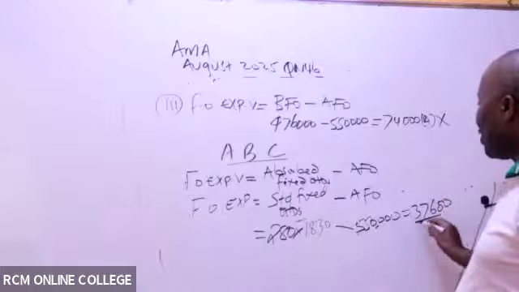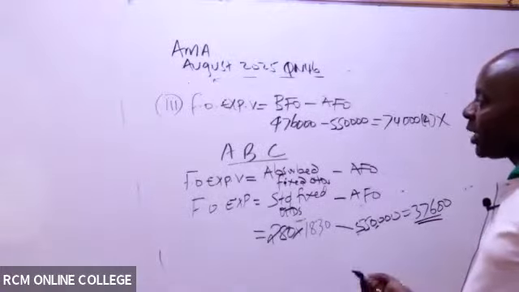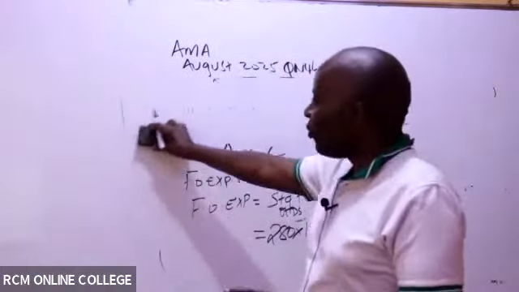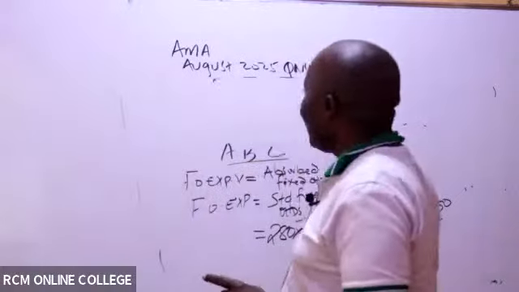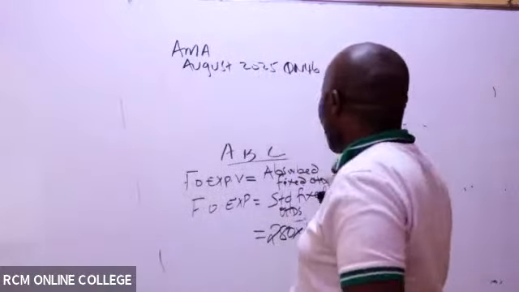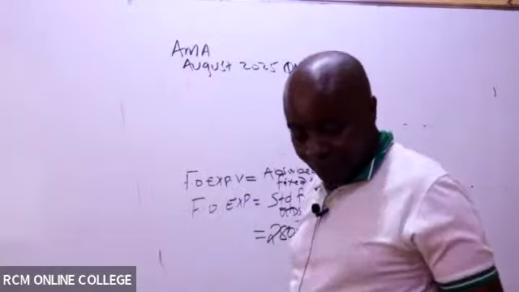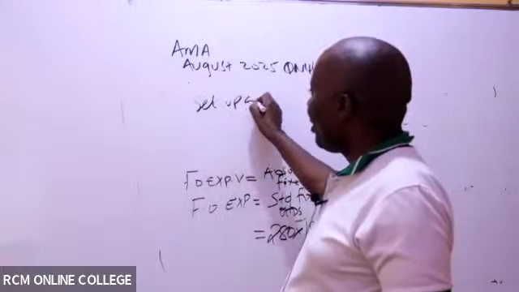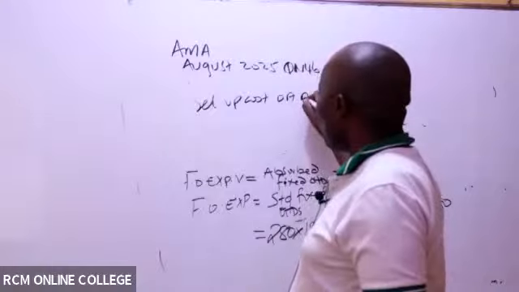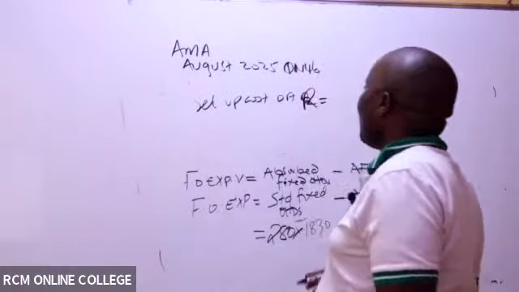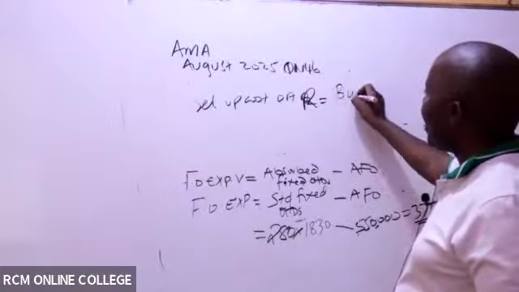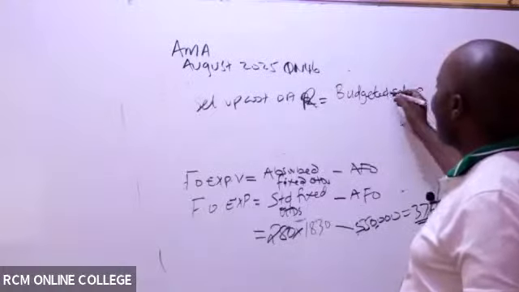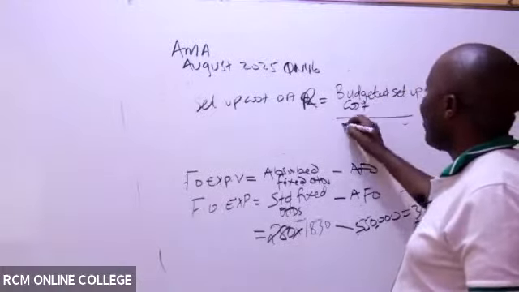As I repeat, according to Shayla's request, when I see this concept of setups, this is what I normally do. First we get the setup cost overhead absorption rate. We take the budgeted setup cost, all over number of setups.